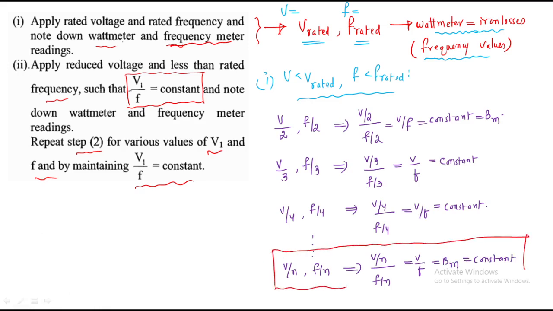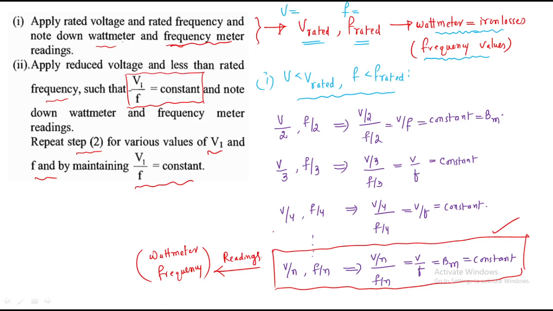So like that, we have to take different values of voltage and frequency and note down the readings of the wattmeter and frequency. For different values of voltage and frequency, we have to note down the wattmeter readings.